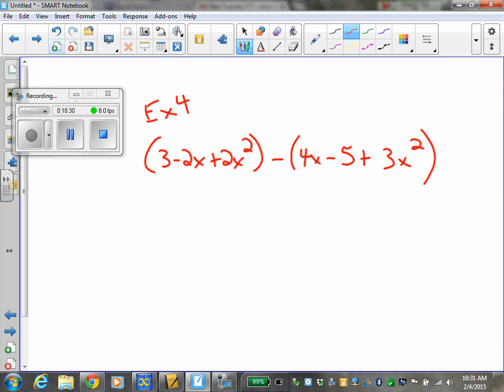So what we're going to do in the very beginning, how many will agree? Basically what this means is when we are subtracting 4x, this really means that the 4x is what? It's a negative 4x. And when we subtract a negative 5, what does that really mean? How many will admit that you would probably look at 3 and negative 5 and put negative 2? Does that make sense?